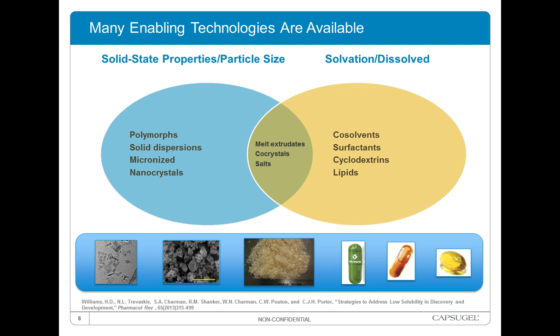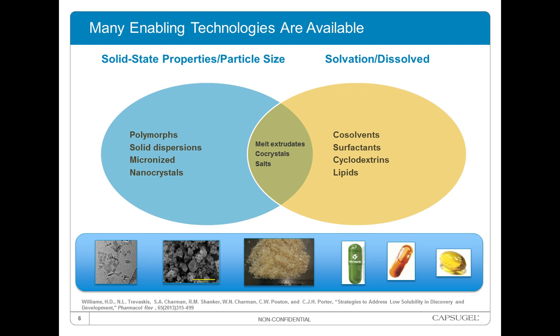On the right side, we see a somewhat different approach, which involves solubilizing or dissolving the compound or complexing it with something, things such as using a lipid formulation or formulating with cyclodextrins. And in the middle are some approaches which lie somewhere in between, such as making a salt form of the drug or making a co-crystal of the compound, for example.